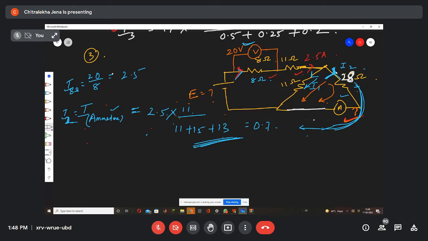Whatever circuit I had drawn before, is the circuit wrong here? Same circuit, I have just combined them. Suppose I would have given this circuit, you would have written, yes, ma'am, 2.5 into 11 divided by 11 plus 28. You would have written or not? Tell me. Yes, ma'am. Same, I have just combined the resistances, nothing else. Both are connected in series. Nowhere is the current divided. Here the same current is flowing, both are connected in series. Am I clear to all of you?